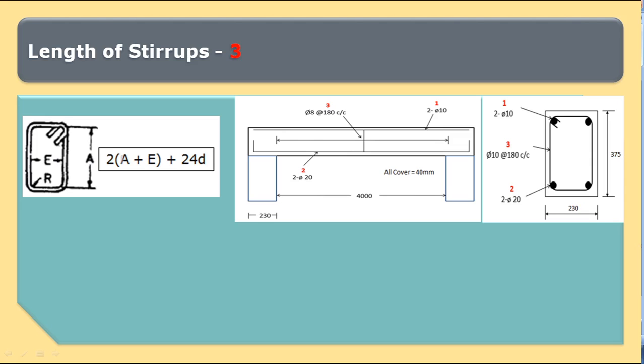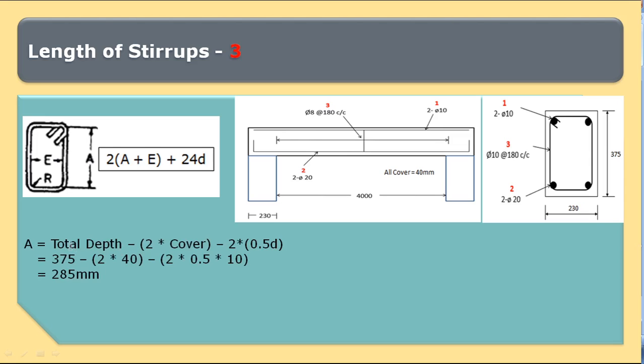So first of all, we'll calculate A and E. A is equal to total depth minus 2 times cover minus 2 into half the diameter of the stirrup reinforcement. So 2 is used for both sides. The total depth of the beam is 375 mm, minus 2 times the cover.